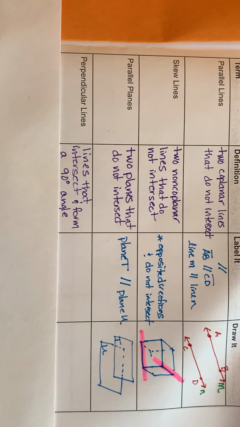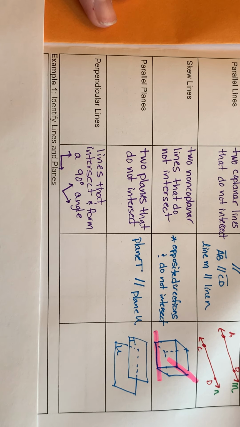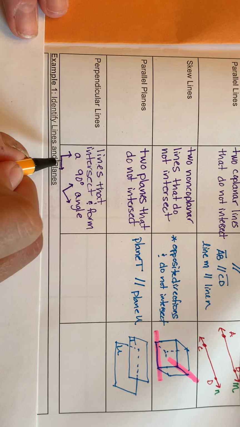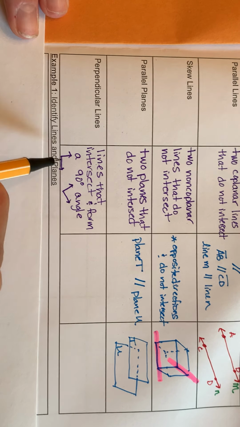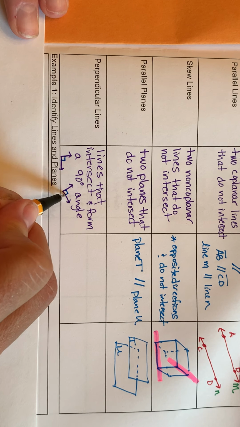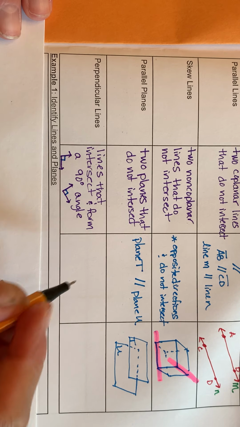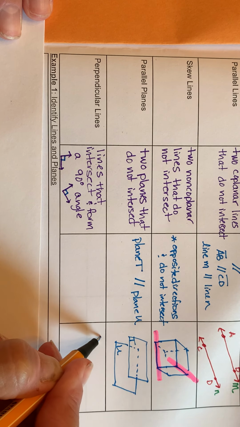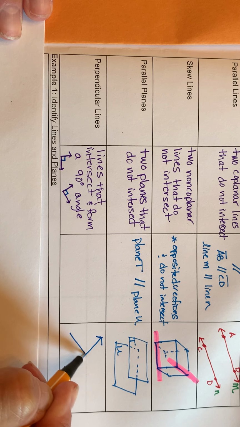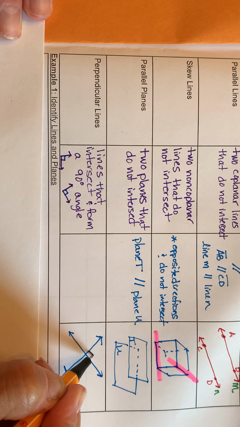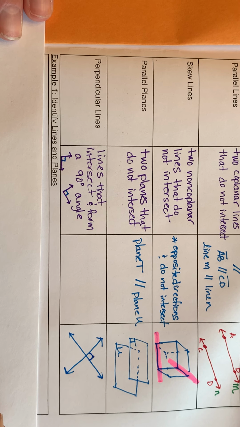Perpendicular lines are lines that intersect to form 90-degree angles. A lot of times, to know for sure that an angle is exactly 90, you'll have the little box in the corner to show you that it is. Perpendicular lines don't have to be perfectly horizontal and vertical, but they have to form 90-degree angles.